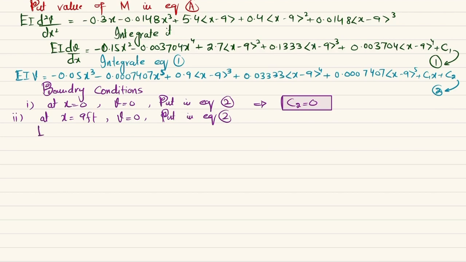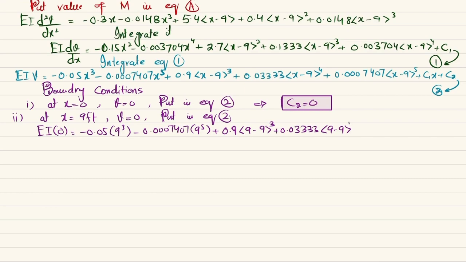EI into 0 is equal to minus 0.05 into 9 cube, minus 0.000747 into 9 power 5, plus 0.9 into 9 minus 9 power 3, plus 0.03333 into 9 minus 9 power 4, plus 0.0007407 into 9 minus 9 power 5, plus C1 into 9, which is 9C1, and C2 is equal to 0.